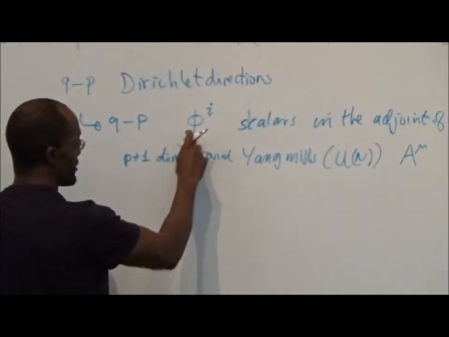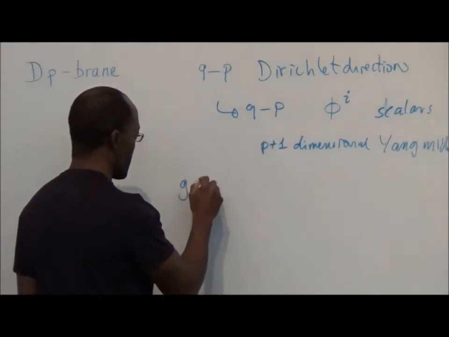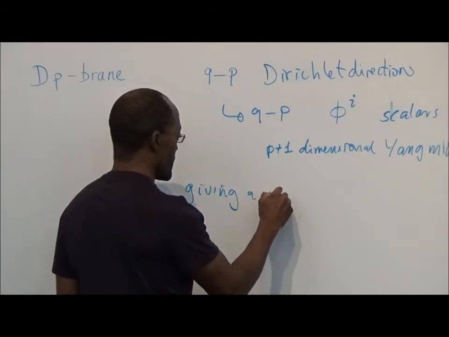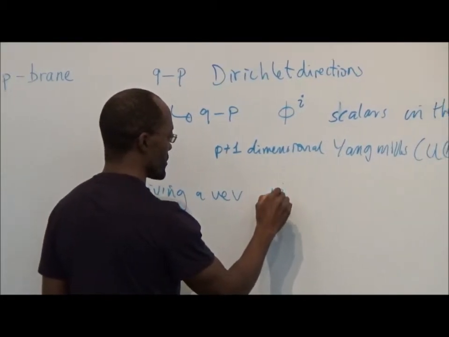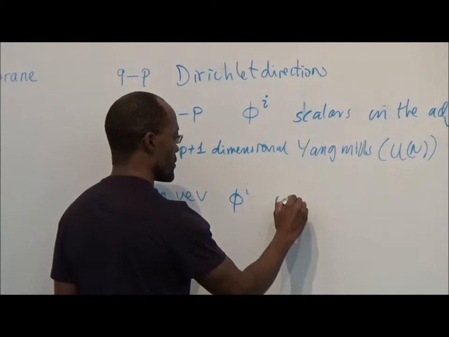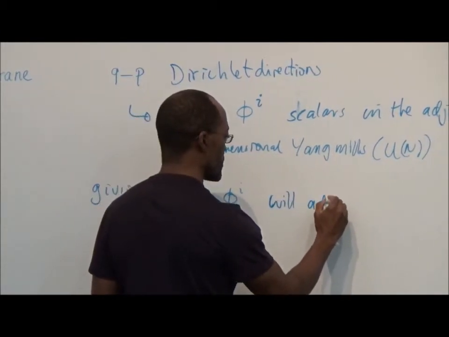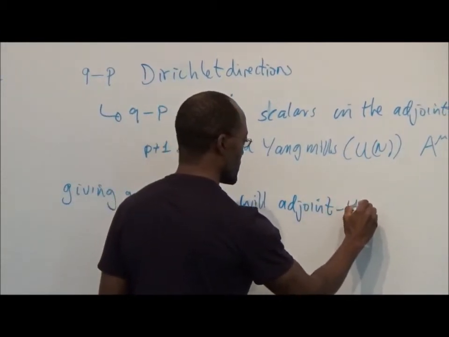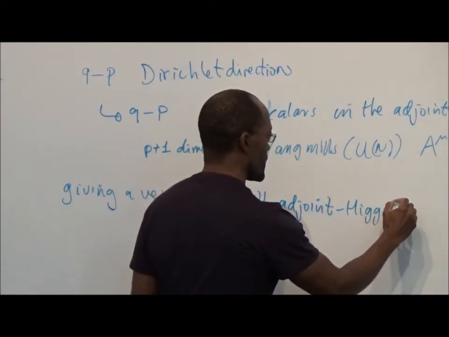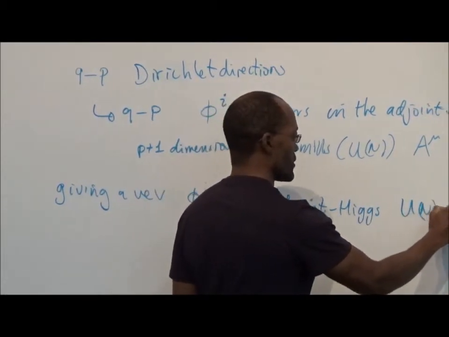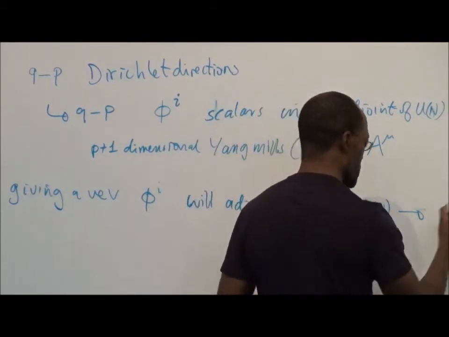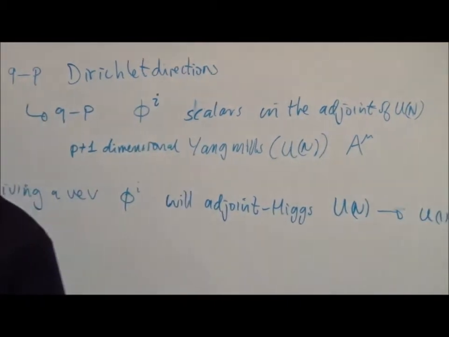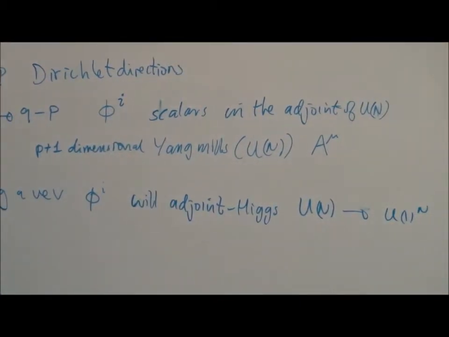And you can see that giving a vacuum expectation value to those scalars will adjoint Higgs the UN to the end. Okay, so hopefully that picture is clear.